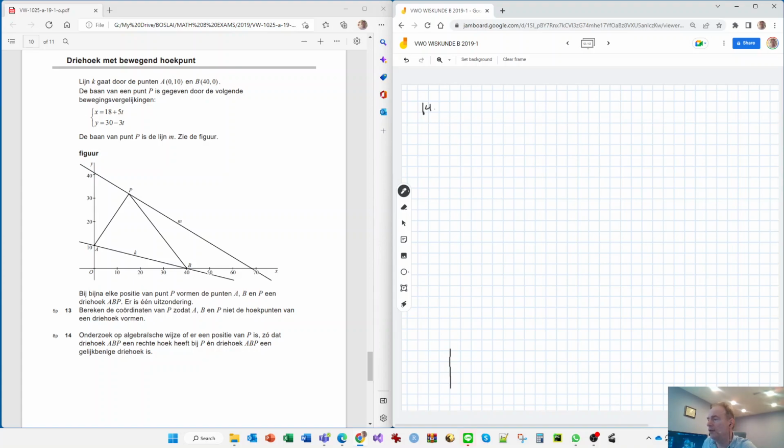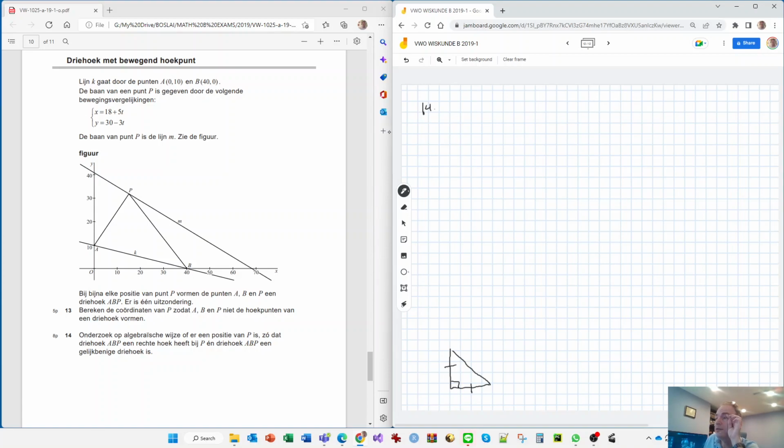If you have a right triangle with two equal sides, these have to be the two legs, because the hypotenuse cannot be of the same length as the leg.